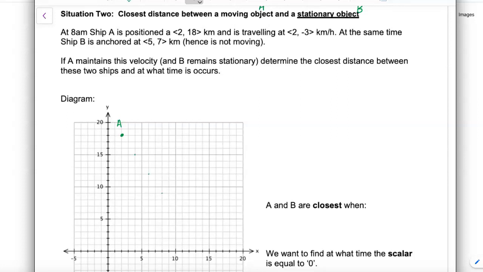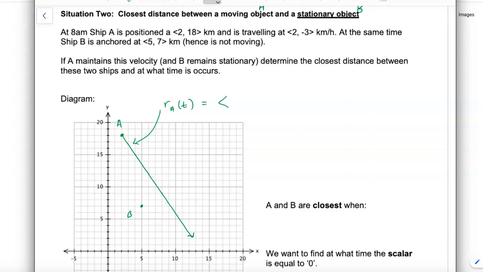Let's see if we can draw that in, so we can see exactly the movement that it is making over time. Now we've got ship B that's anchored at 5, 7. So there it is.